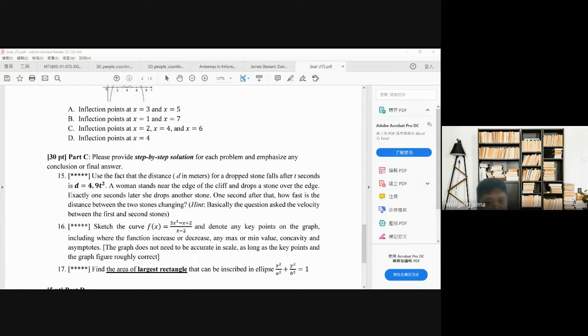We know that df dx is what? 2x, right? So df dx at 4 is 8. From here, we get that the derivative of f inverse of 4, sorry, is equal to 1 over df dx. So we get 1 over 8.